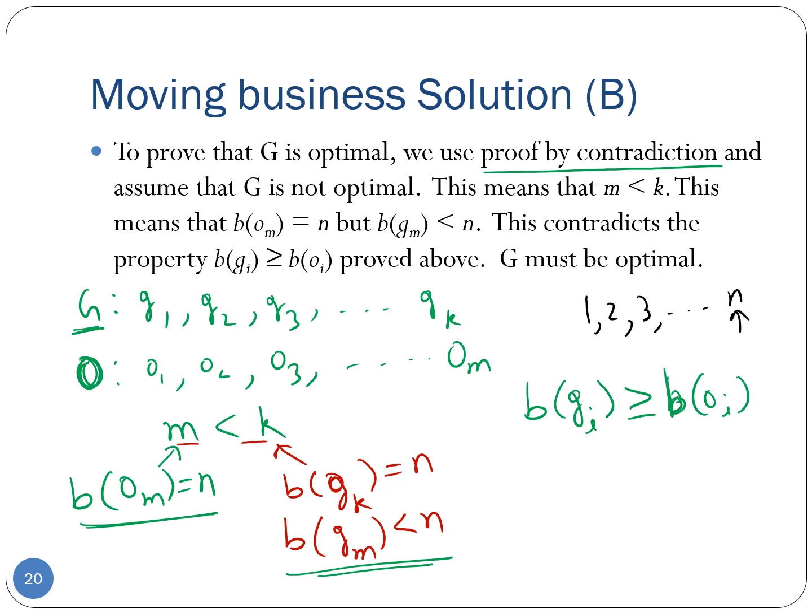Okay, so this means it is not possible that if b of o of m was equal to n, then b of g of m is less than n. Okay, so therefore we see by contradiction that the greedy algorithm must produce an optimal solution.